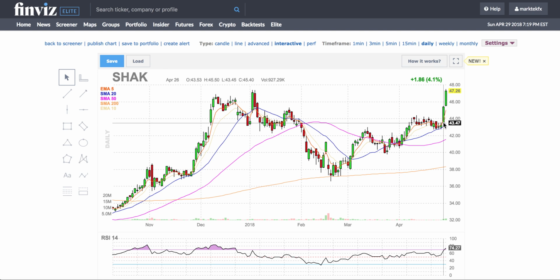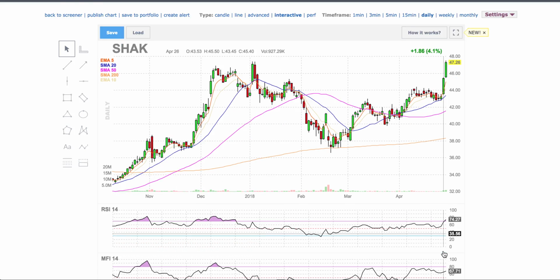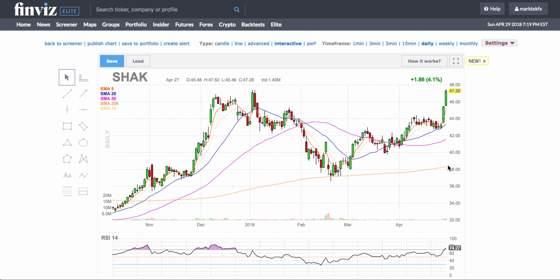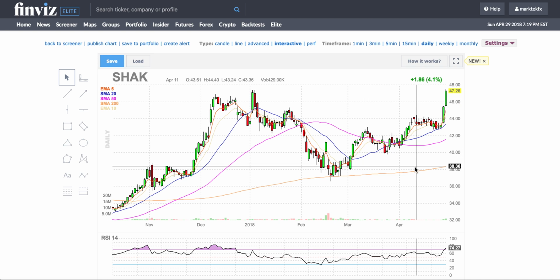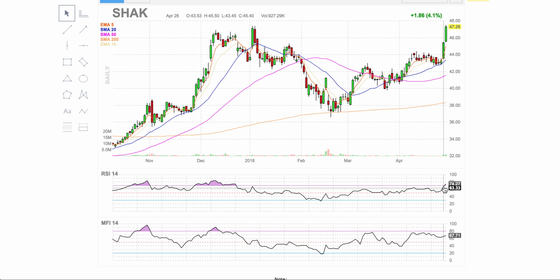If you did it on Thursday, trying to find stocks for Friday, you look at it, it meets all those parameters: it is stocks only, the average volume is over 500,000, and it is over the moving averages, the 200-day, the 50-day, and the 20-day. So it's all over the long-term, medium-term, and short-term time frames, and the RSI is over 60. If you would have found this stock on Thursday, it made a nice move on Friday, right?